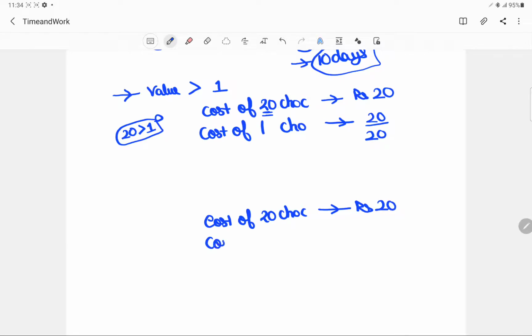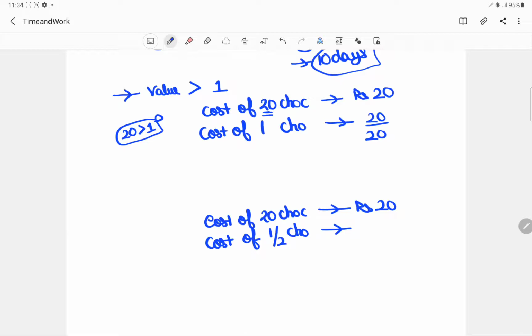So the cost of half chocolate would be, now you know that the cost of 20 chocolates is given as such. Now you know that it will be less. See this. So cost of half chocolate would be this.